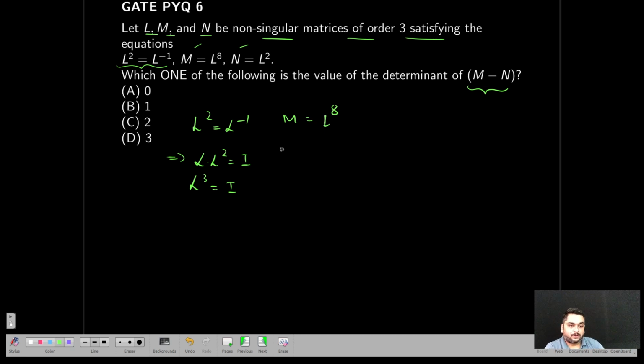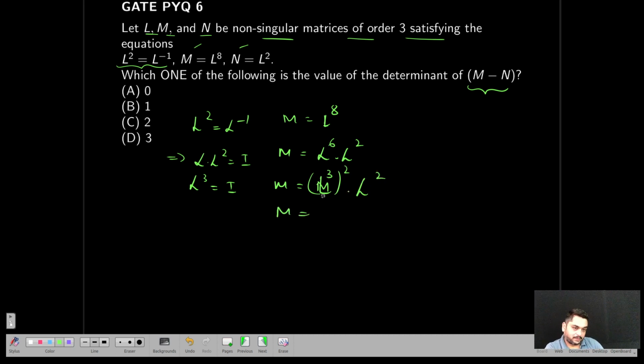How can I convert this? M is equal to L to the power 6 into L square. I can write it as L cube into square, that is 3 into 2 is 6, into L square.